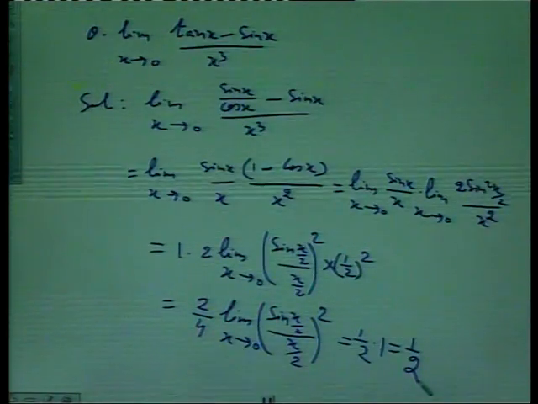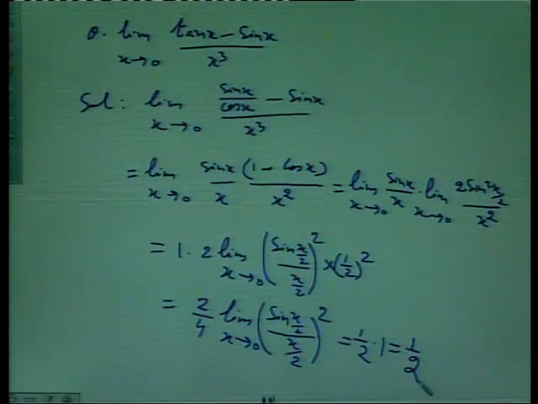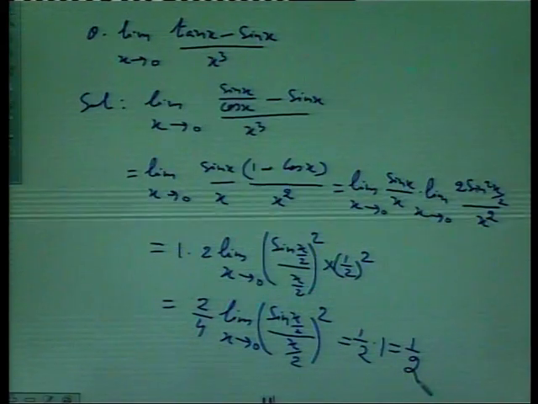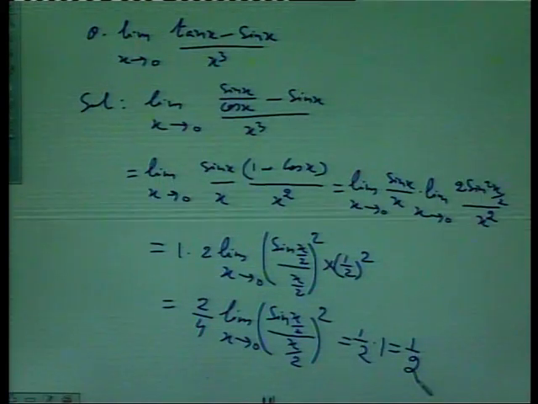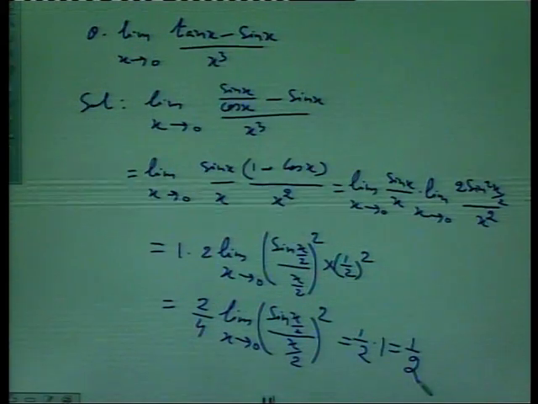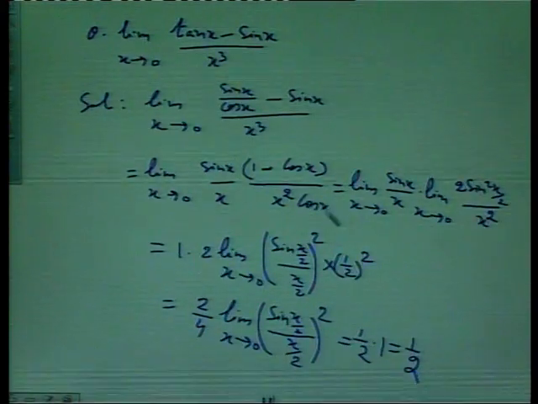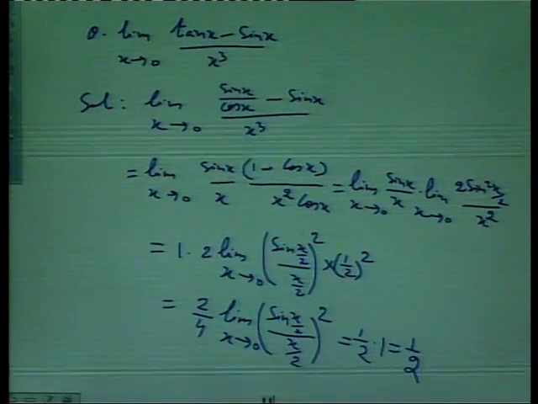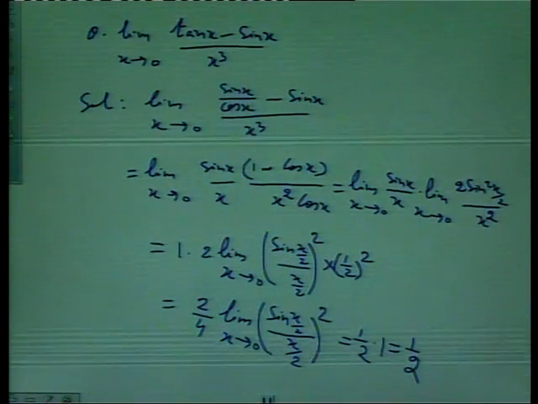First of all we have applied trigonometry because tan x is equal to sin x upon cos x, and then taking cos x as LCM, here it was cos x, because when x tends to 0, the value of cos x is 1.